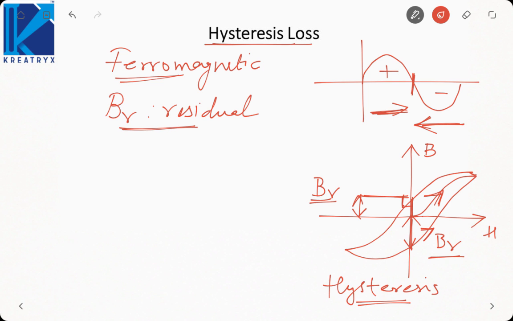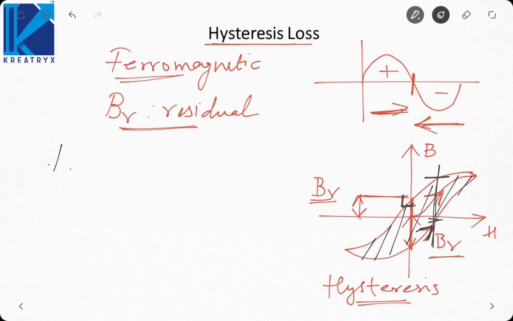That is, for the same value of magnetic field, magnetic flux density can have two different values depending upon whether you are increasing H or decreasing H. Like if you see here, for the same magnetic field H, we have two different values of B. These two different values depend upon which curve you are traversing. Okay, the area of this curve indicates the hysteresis loss in one cycle.